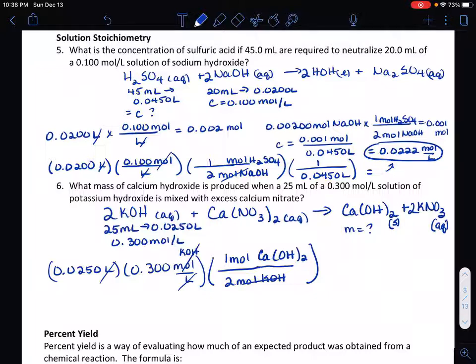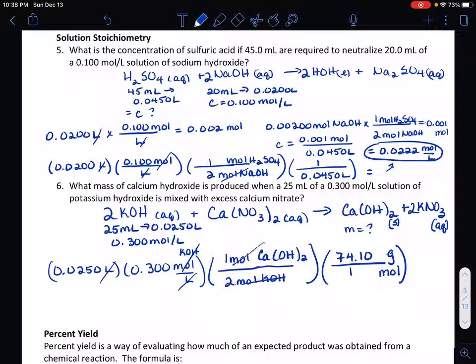And now the next step is the mass. So to find mass, I need molar mass, the grams per mole. And for calcium hydroxide, it's 74.10. Remember, you never need to show me the work for that. So the units are grams per mole. So I want my moles at the bottom so it cancels out. Grams at the top. And so this is 74.10 grams in 1 mole.